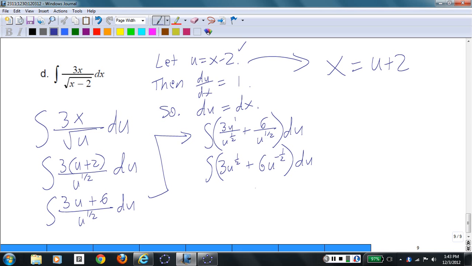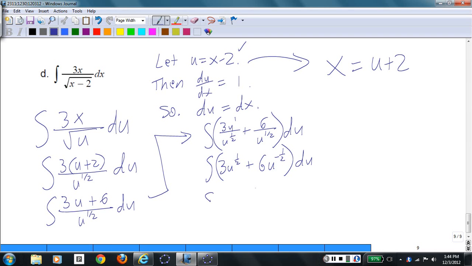To apply the power rule, it needs to be multiplied by u to a power instead of divided by u to a power. So now we can find antiderivatives: add one to the exponent, and in each case divide by the new exponent that we get. Since they're fractions, instead of dividing by those fractions, we can multiply by the reciprocals of those fractions.